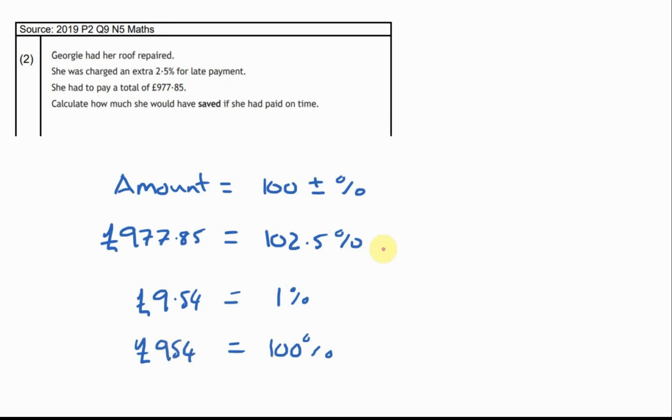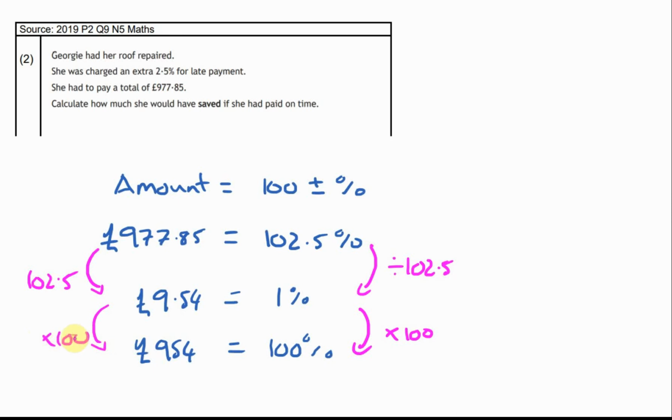So all I did was both sides were divided by 102.5. So that side's divided by 102.5, that side's divided by 102.5, and then both sides multiplied by 100. Simple as that. And then you can think to yourself, does that make sense? Say if this was 100%, if I wanted to work out what 102.5% would be, I'd be adding on 2.5% to that.